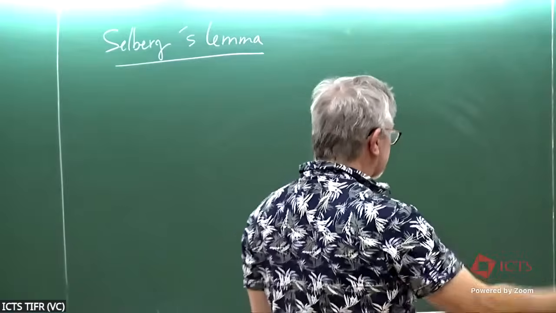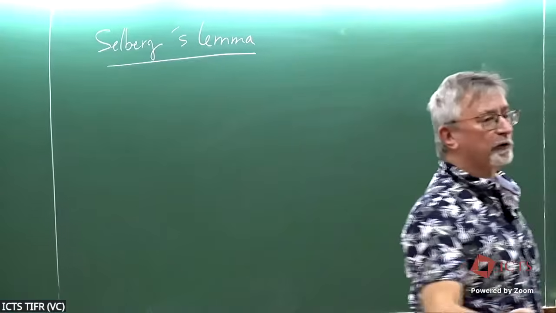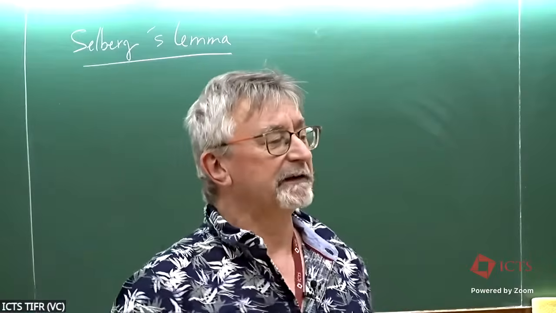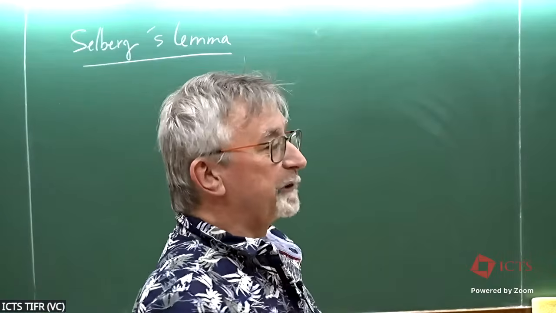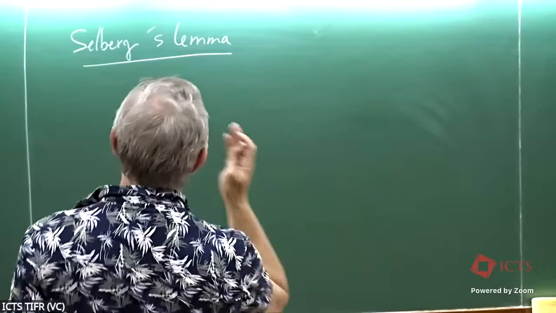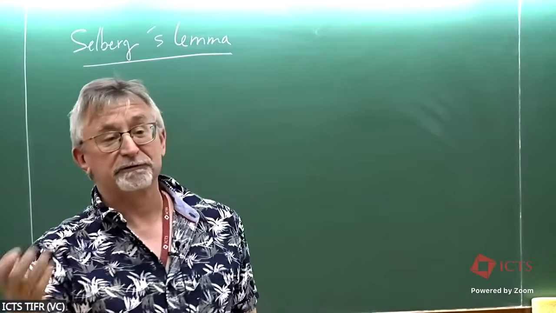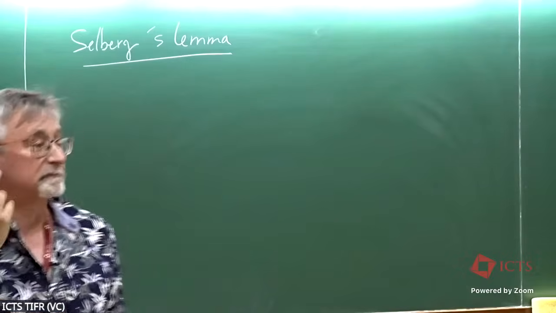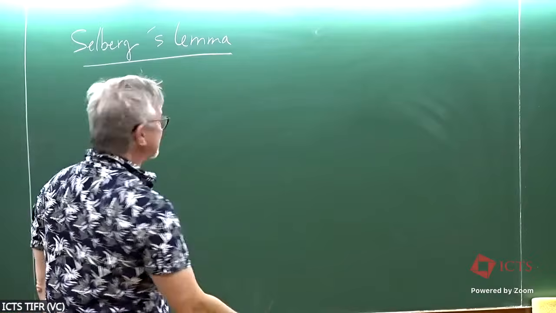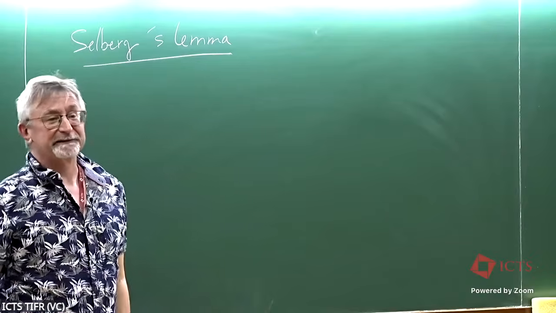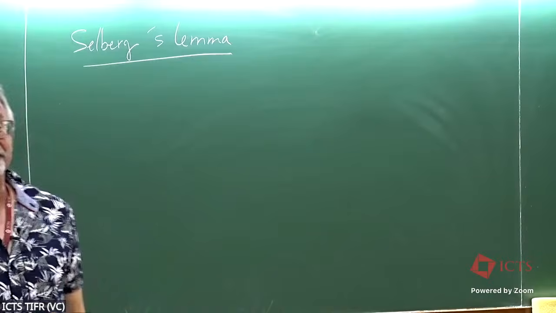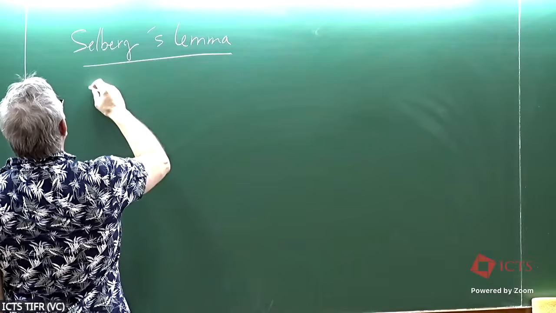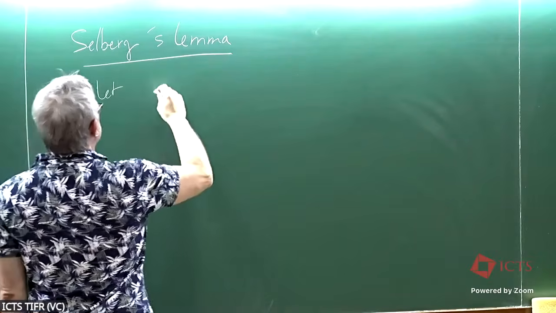And in 1973, 1974, Bombieri gave a series of lectures in Paris and wrote a little booklet in which he says, here is this lemma by Selberg. But I don't know of any other place where Selberg has published it. So it's easier to call it Selberg's lemma. Selberg has done so many things, maybe he doesn't need a name more, but at least I recognize it in my head.